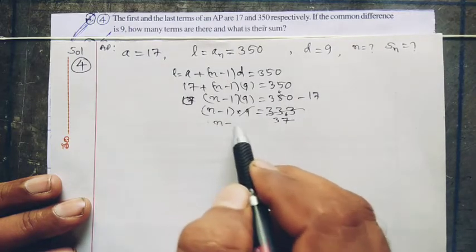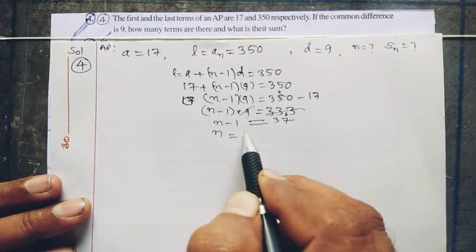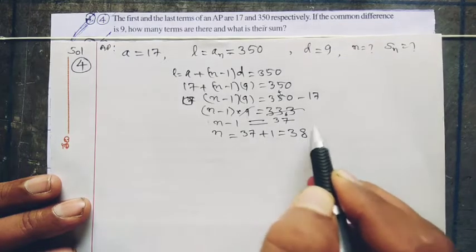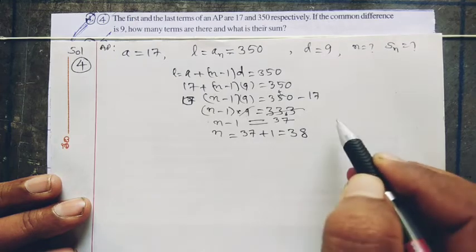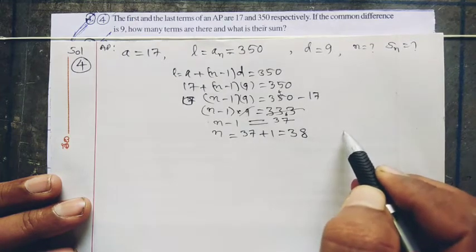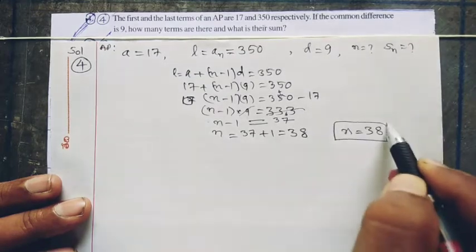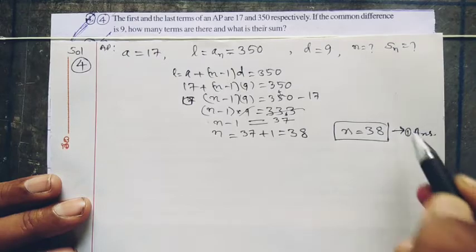So n minus 1 is equal to 37. N is equal to 37 plus 1, 38. So we got first answer. N is equal to 38. This is the first answer.